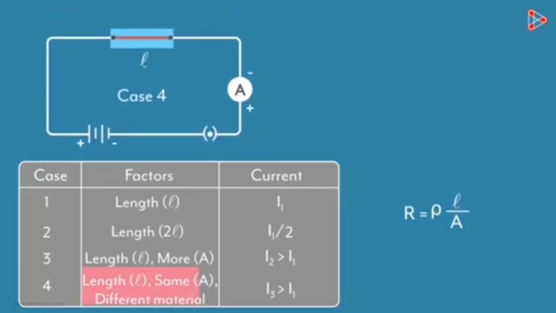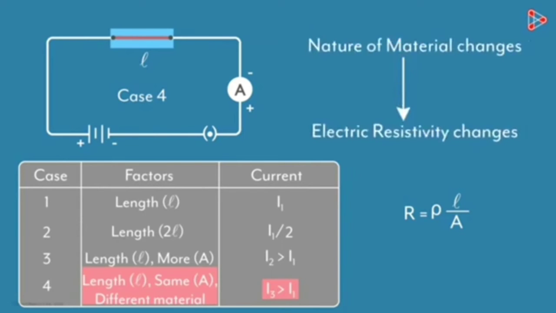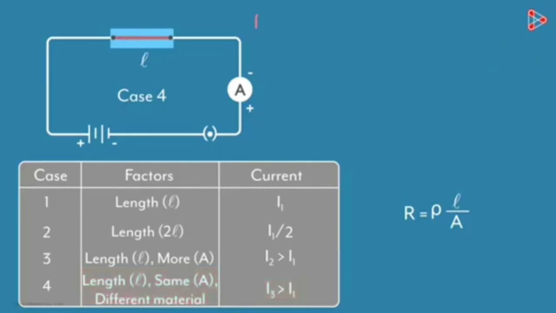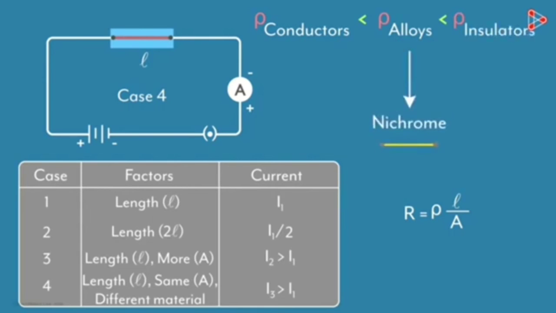Now look at the fourth case. In this case, the length of the conductor and the cross-sectional area remain the same as in the first case, but the material is different. In the first case it is nichrome, which is an alloy. In the fourth case, it's a copper wire, which is a conductor. Alloys have greater resistivity compared to conductors.